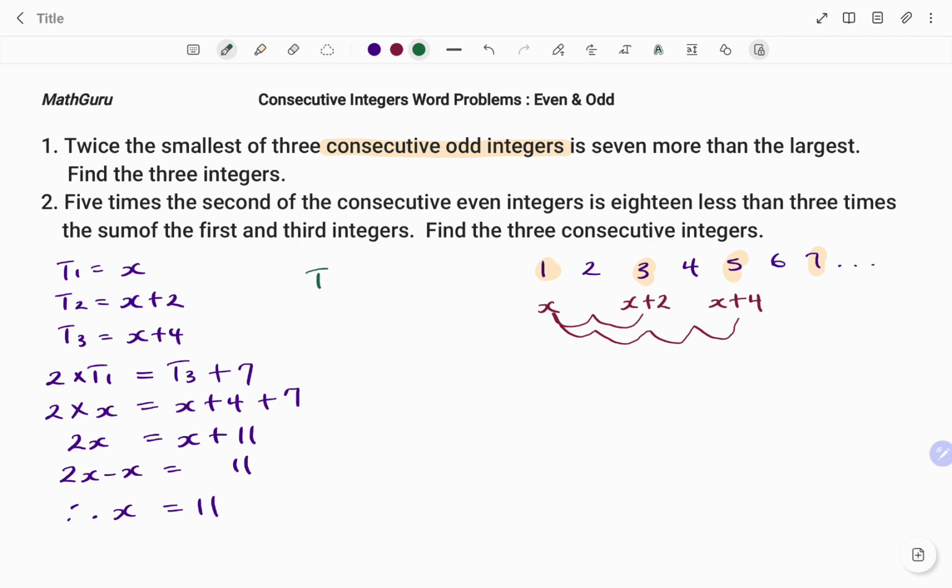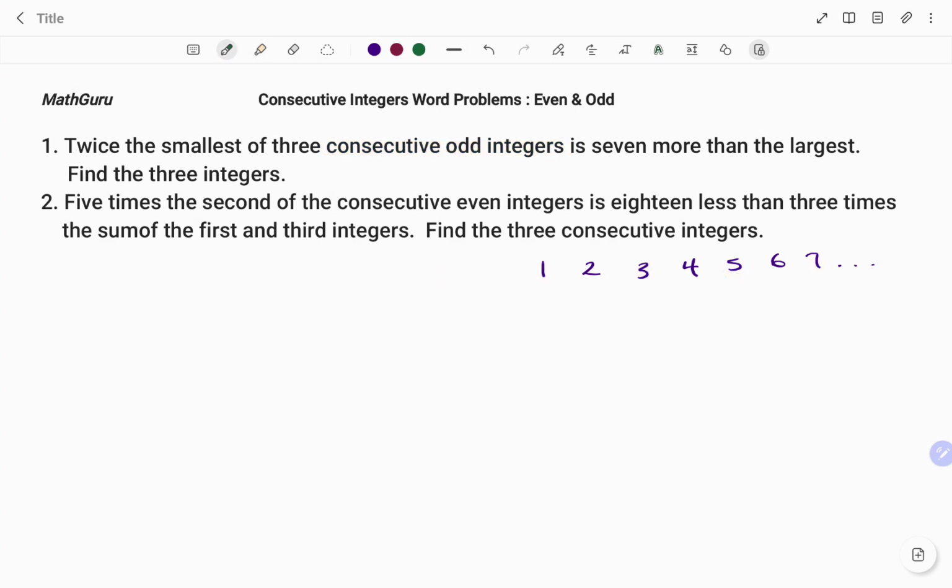So t1 equals x, which is equal to 11. t2 equals x plus 2, which is 11 plus 2, which is equal to 13. And t3, the third odd integer, will be x plus 4. That's 11 plus 4, and that will be equal to 15. So the 3 consecutive odd integers are 11, 13, and 15.